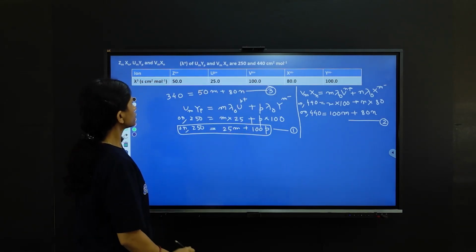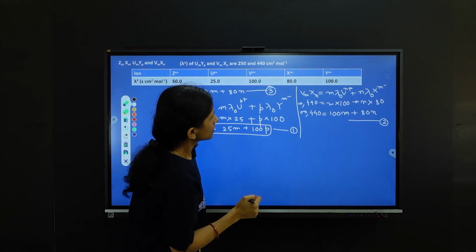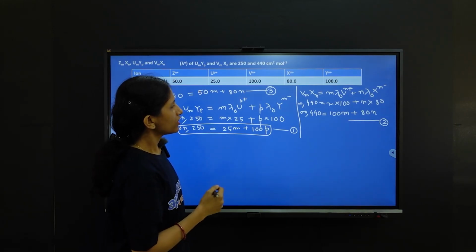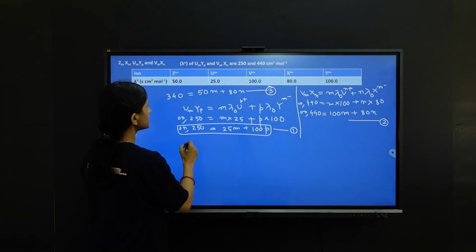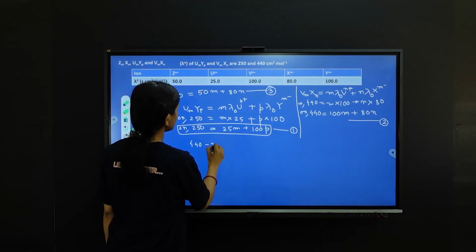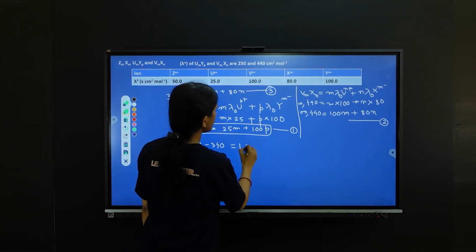Now if you subtract equation 3 from equation 2, what you will get is that 440 minus 340 is giving you 100.